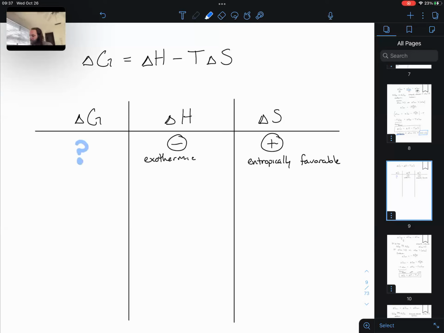All right, so we'll do another clicker question here. You're going to say A if you think delta G is going to be positive, or B if you think delta G is going to be negative under the conditions where delta H is exothermic and delta S is positive. It's entropically favorable.